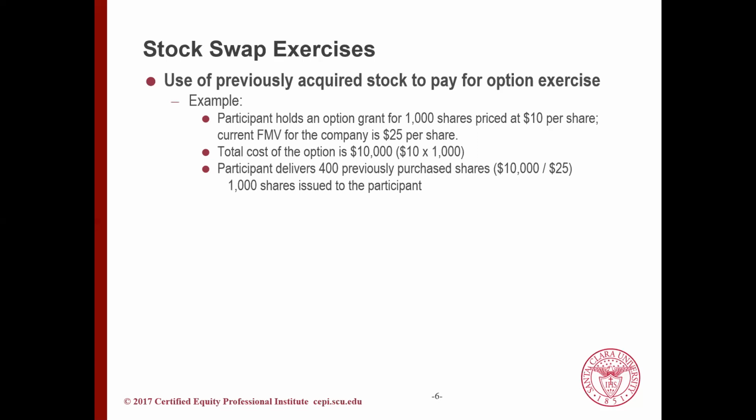Because the current value of the shares is $25, the participant needs 400 shares to pay the $10,000 cost. And then ultimately the 1,000 shares are issued to the participant. So the participant is netting down their shares. They're giving the 400, they're getting the 1,000. It's actually increasing the number of shares they have, but it is adjusting by the number of shares that they had to swap in.